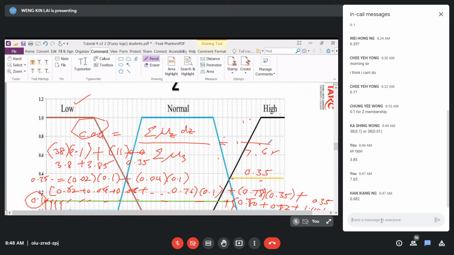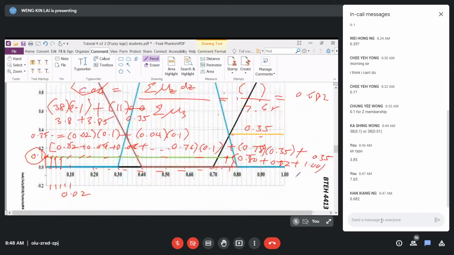Han Xiang, thank you. There's some value here, and this will give you 0.682. Is it correct? Right. So it's around there, 682.62. You can see the 682 is somewhere over here. This is 0.7, so it's somewhere here, isn't it? So this is your value.